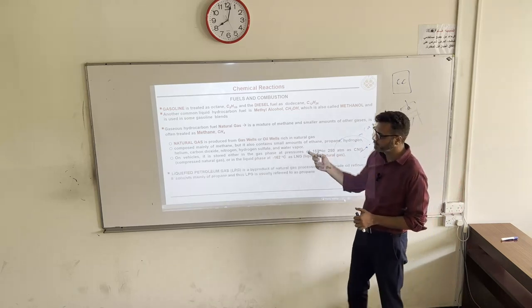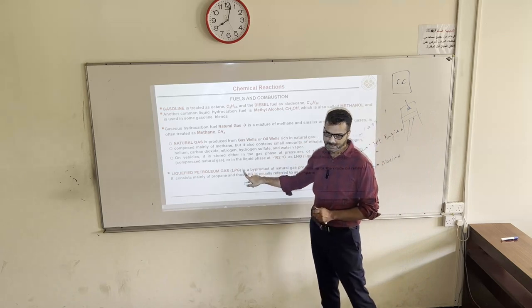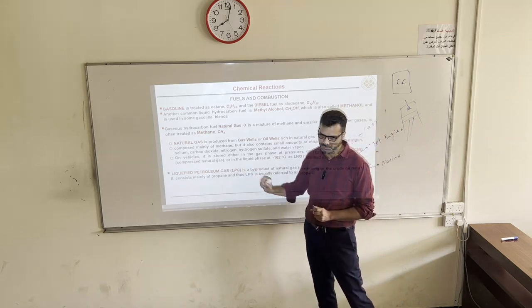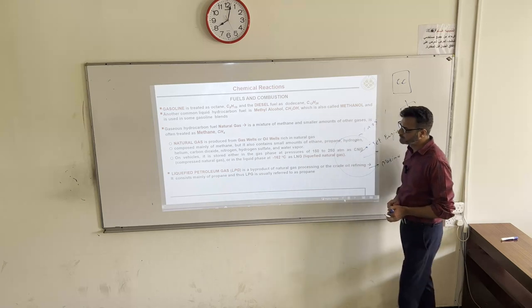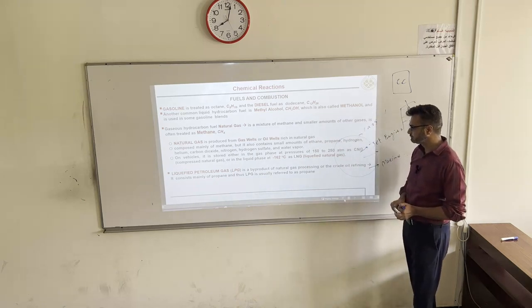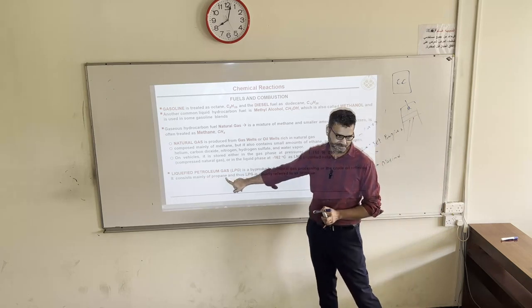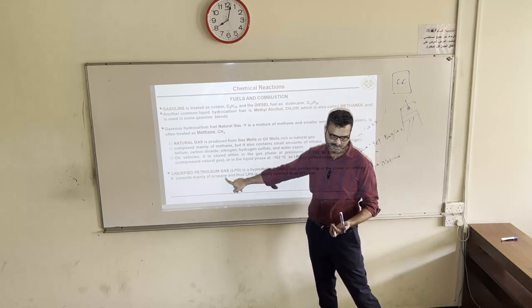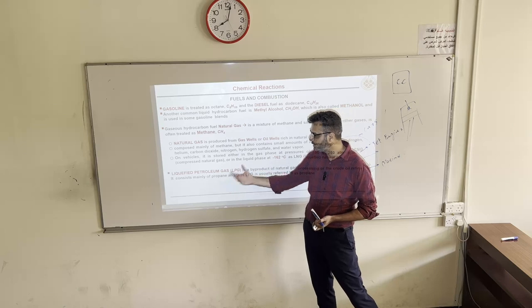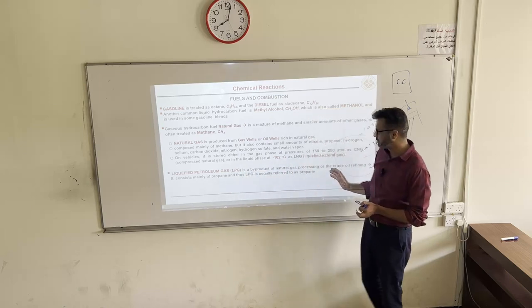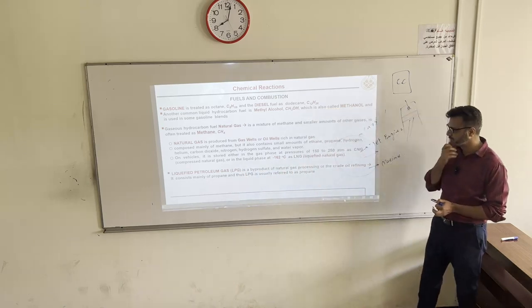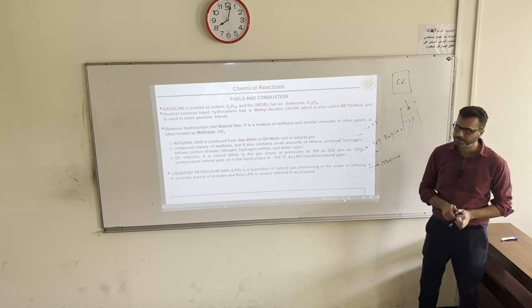There is another type of gaseous fuel which is called LPG, or liquefied petroleum gas. It's not CH4, it's propane, C3H8. Its chemical composition is C3H8, mainly propane, with a small amount of butane or something else, but 90% is propane.